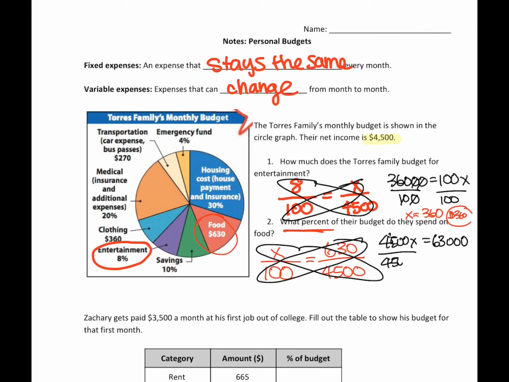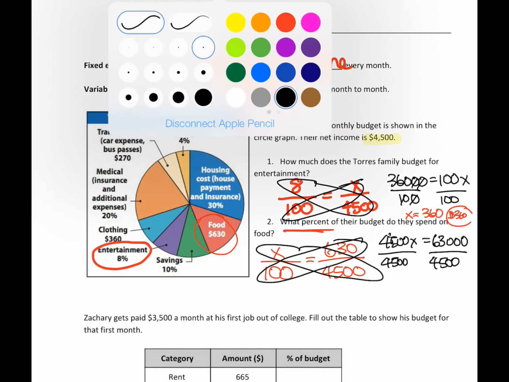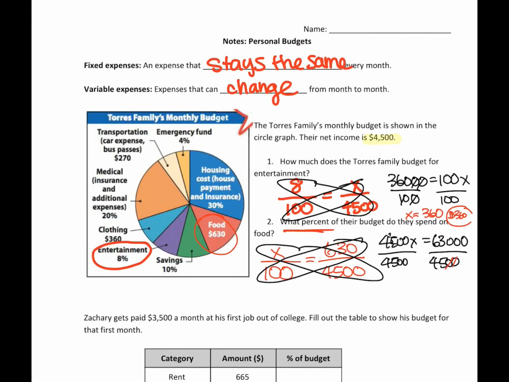And then if we divide both sides by 4,500, we can cross out the 2 zeros, and it'll be 630 divided by 45. Top dog goes in the house, and it doesn't go into 6. It goes into 63 once. Subtract it. 13 minus 5 is 8. 5 minus 4 is 1.